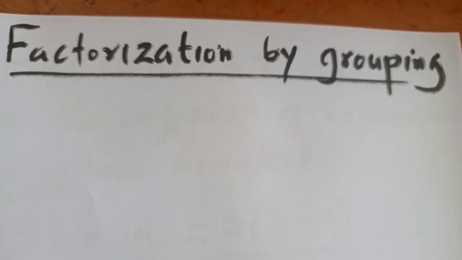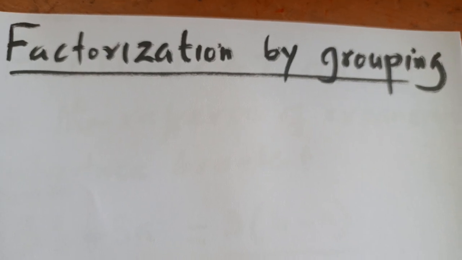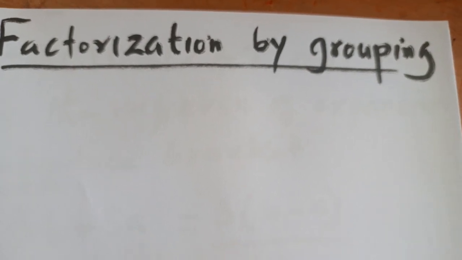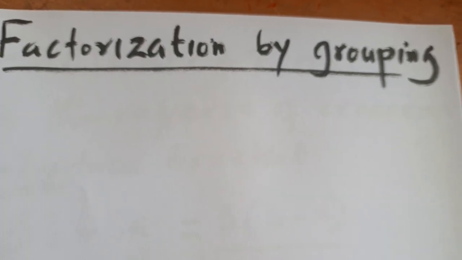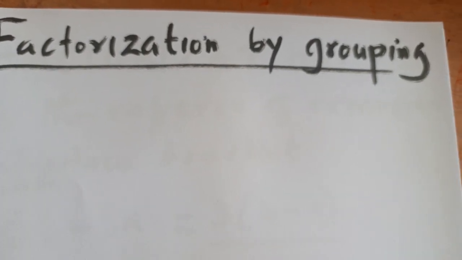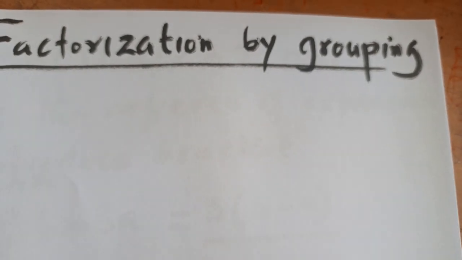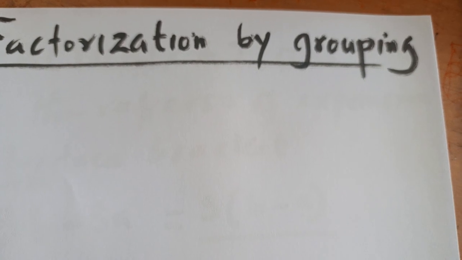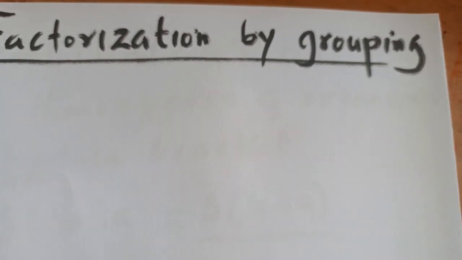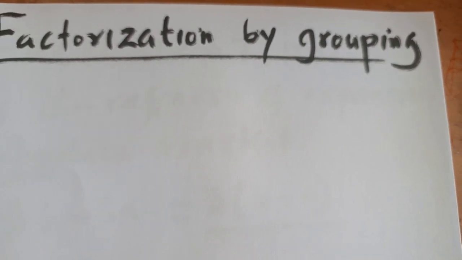But there are other instances, like we are going to look at in a short while, where it is not possible at the face of it to see like terms or common terms in an expression.